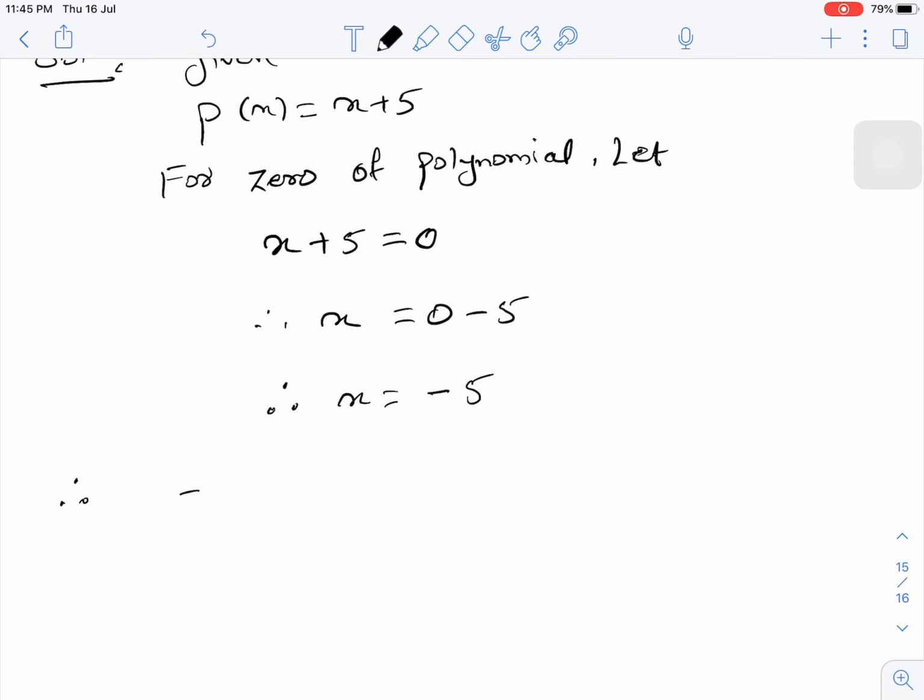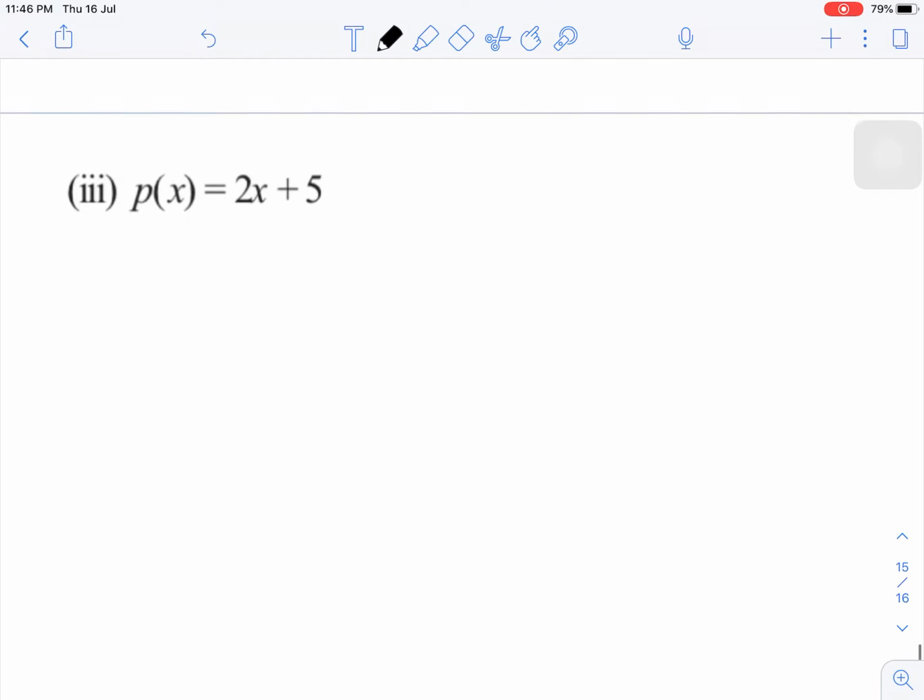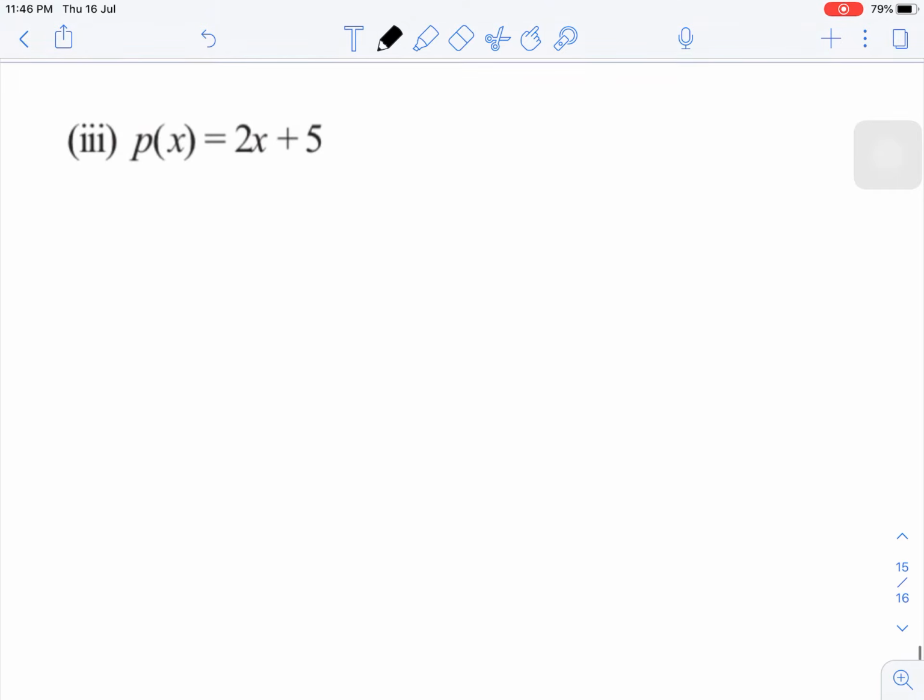Therefore minus 5 is 0 of the given polynomial. Let us consider one more example. Here again we have to find the 0 of this polynomial, that is p(x) equals 2x plus 5.